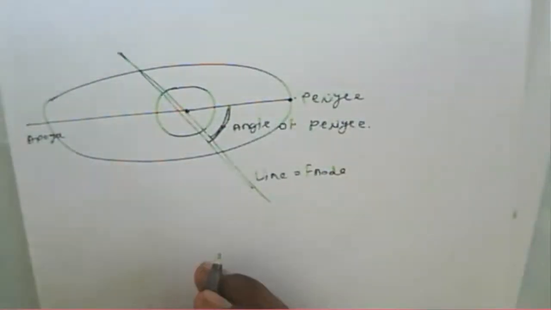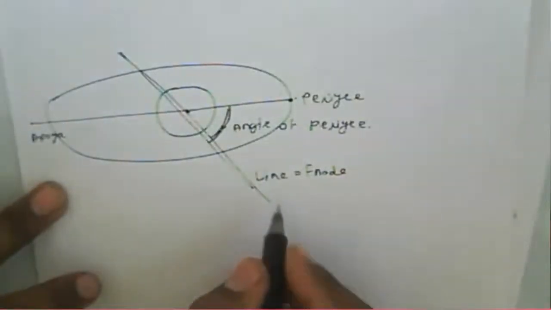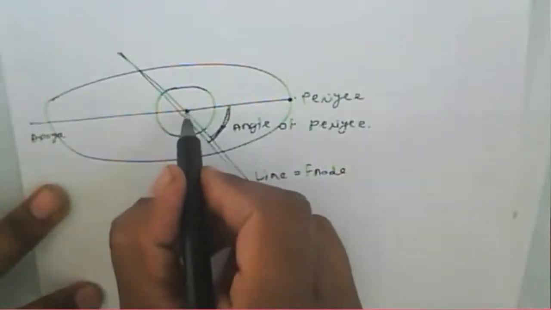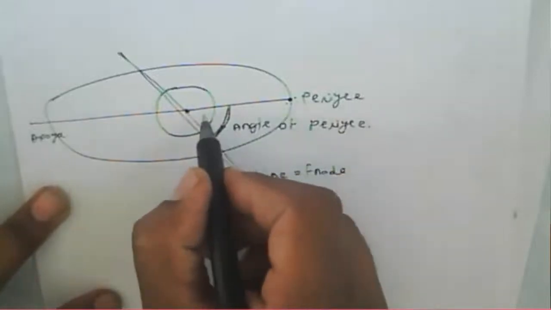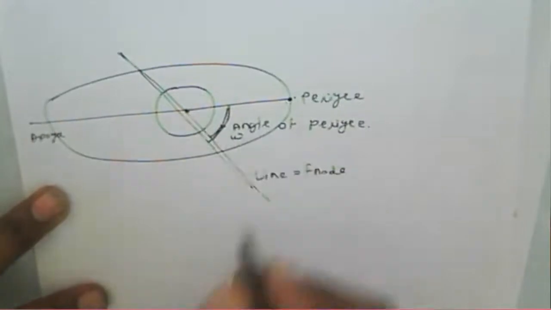So the angle of perigee is the angle from the line of nodes to the line joining the center of the Earth to the perigee point.